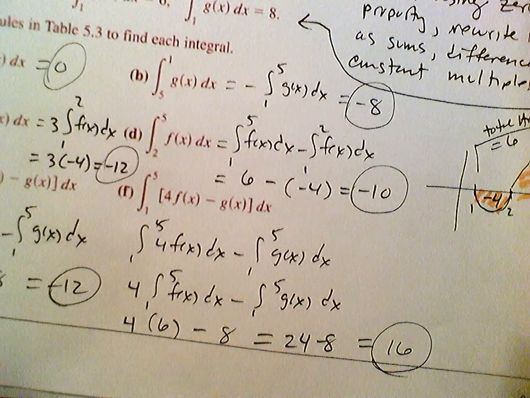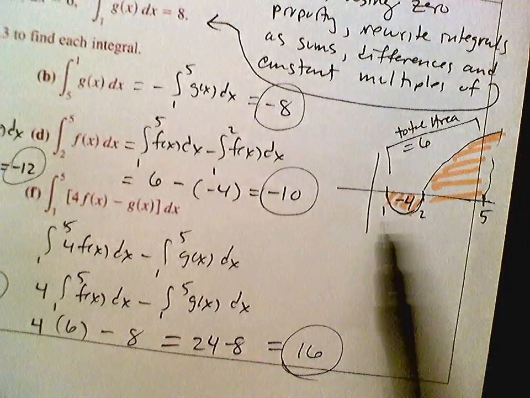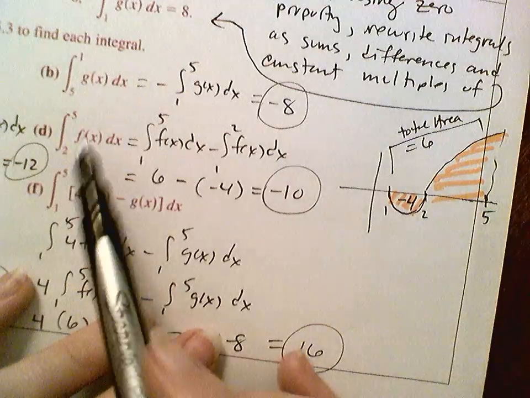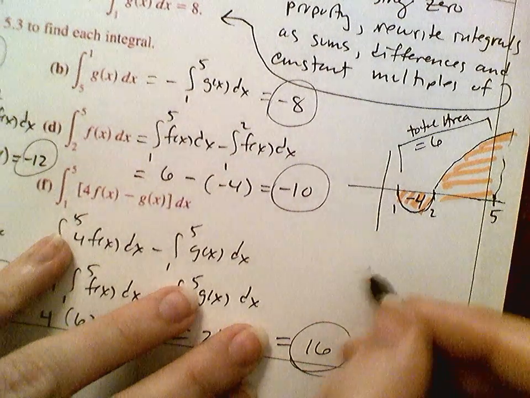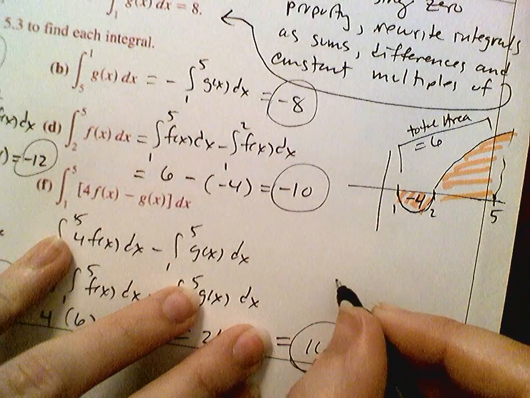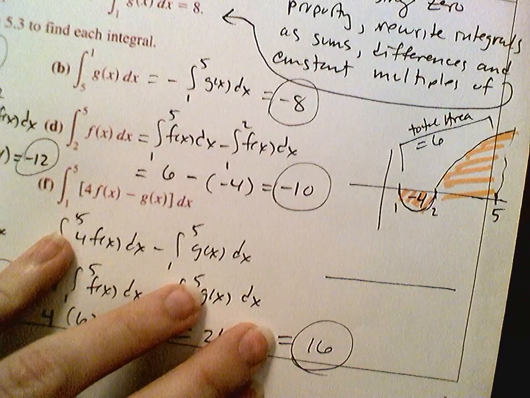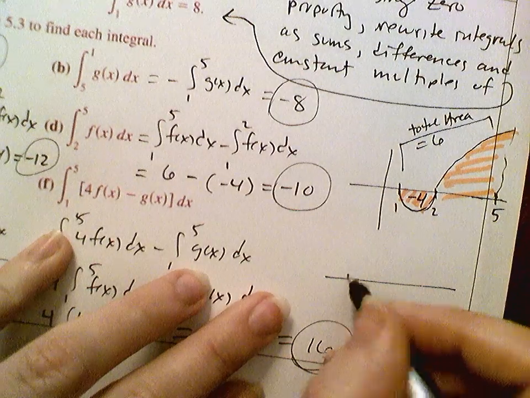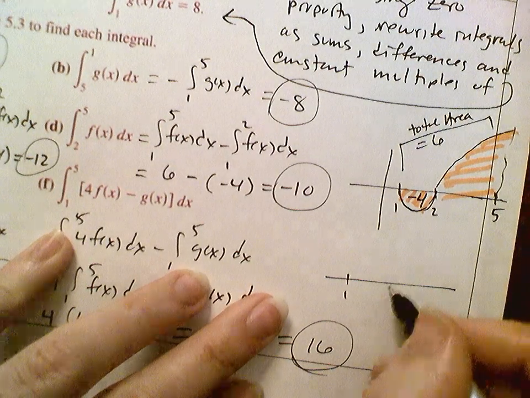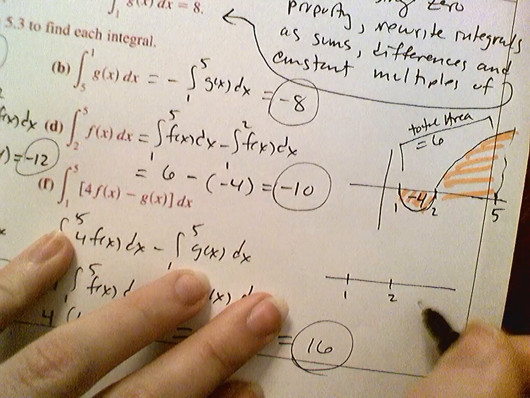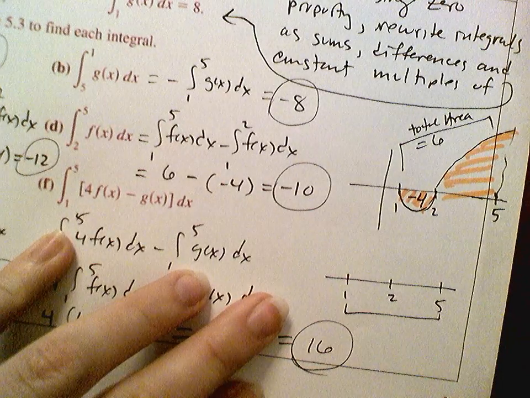And if my picture was a little bit confusing, guys, you could think of it this way too. You don't have to write this down, but you could just think of the intervals. That's what I would have them do last year. I've got the interval 1 to 2, and I've got the interval 1 to 5.